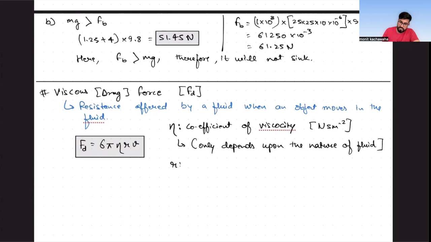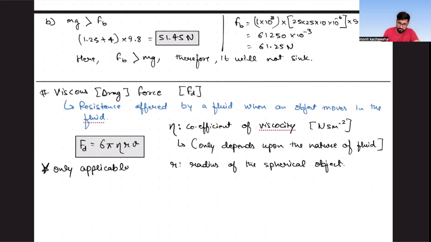r is the radius of the object, radius of the spherical object. This formula is only applicable for spherical objects, like a small ball or a sphere or something. In our syllabus, we are only dealing with spherical objects.